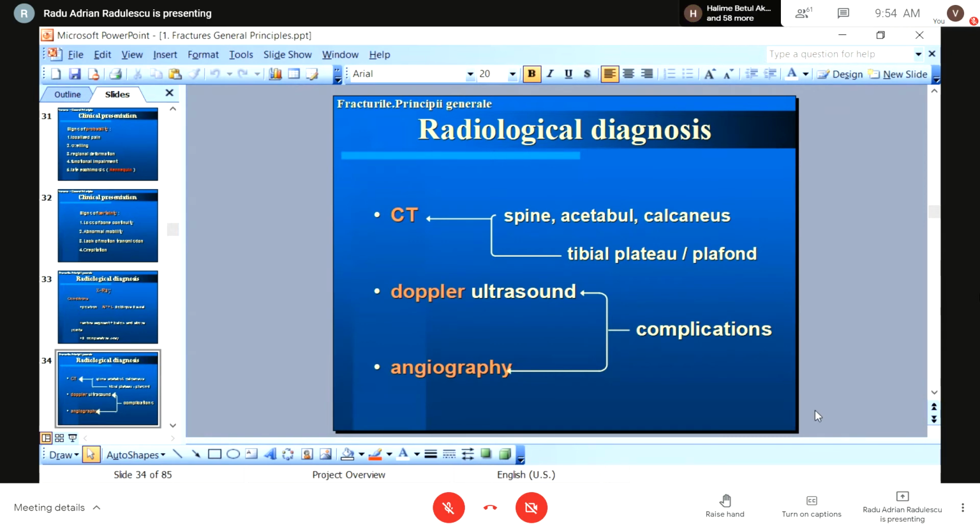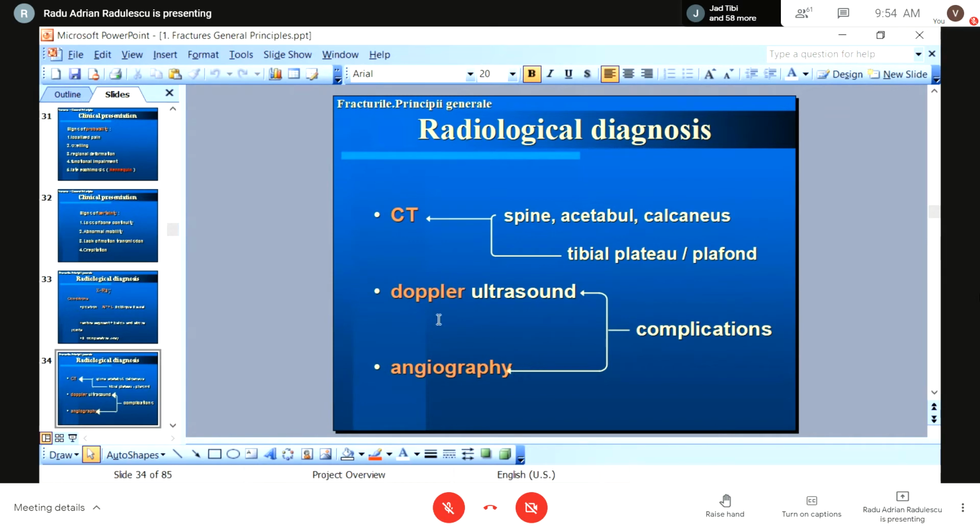In all these cases, we need a CT scan in order to see the number and position of the fragments, in order to make a pre-operative planning for restoring the articular surface.